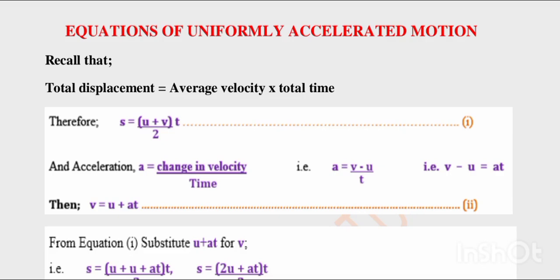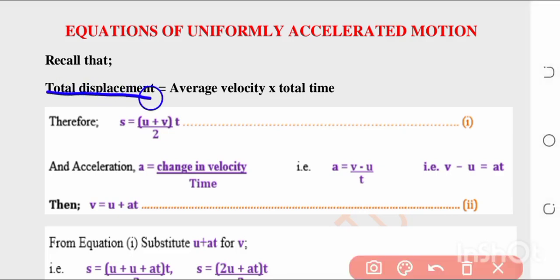If we are to represent this mathematically, remember the symbol for displacement is S, while for average velocity, when we say average velocity, it means we are dealing with more than one velocity. It is appropriate to use average velocity because when we are on a journey or when the system is moving, it is difficult to have the actual velocity at every point in time, except we have instantaneous velocity.